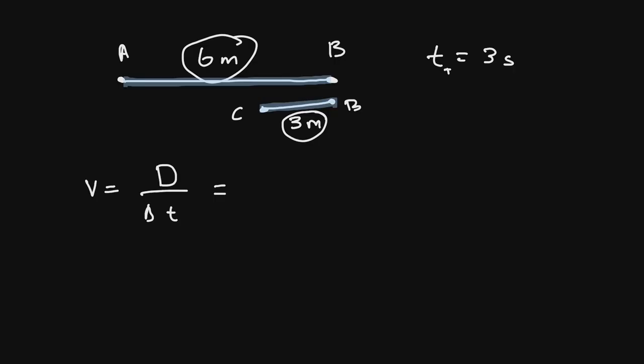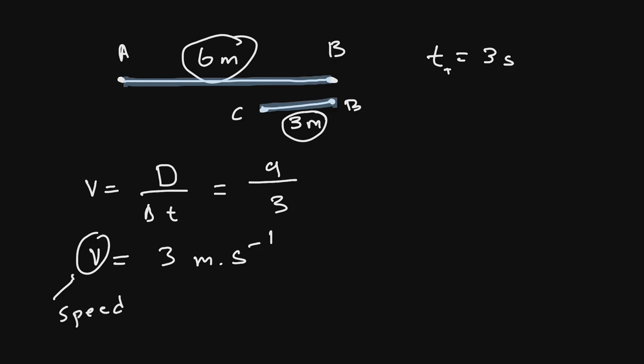So the distance will be 9 meters over the time, which is 3 now. So you're going to say the speed of the car from A to C is 9 divided by 3, which will give us 3 meters per second. And we don't have any direction because we are talking about speed.